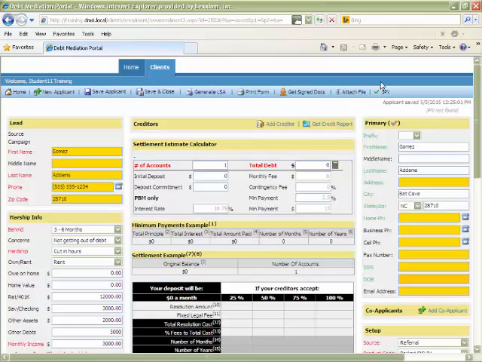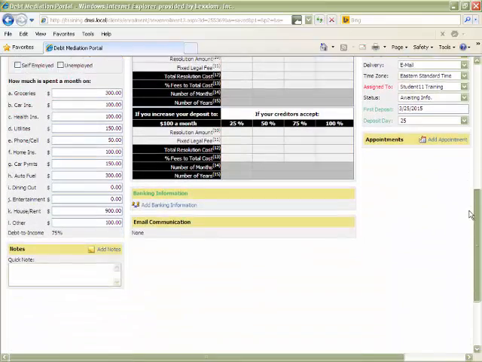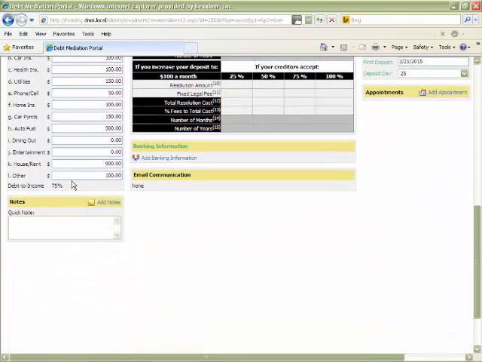And at the bottom of this section, you will see a debt-to-income ratio. Ours will show 75%. This indicates that the applicant only has about 25% of their income to devote to paying off their debt.